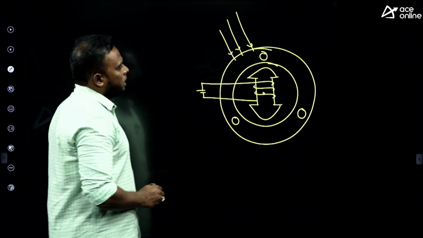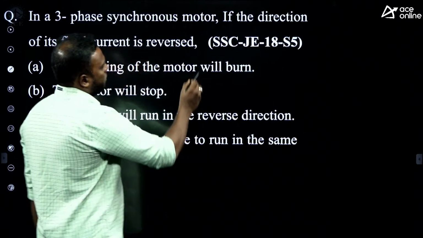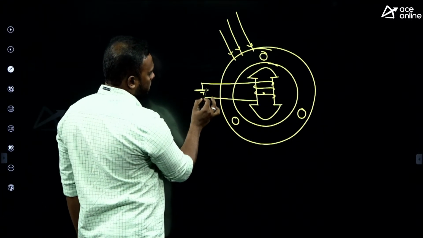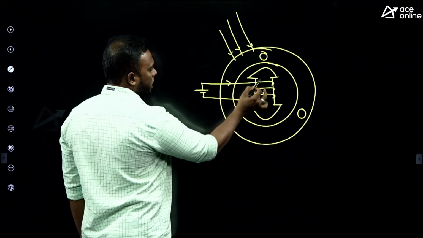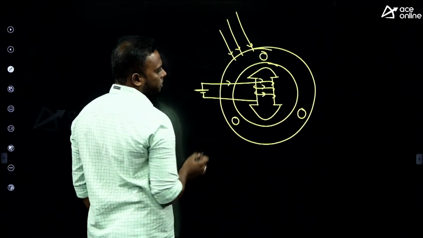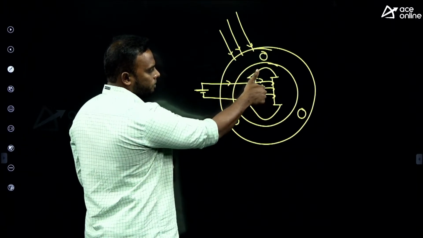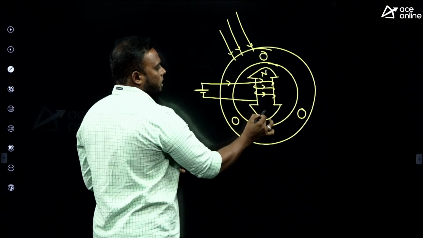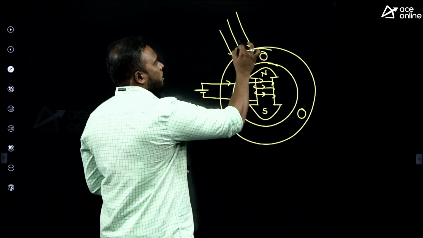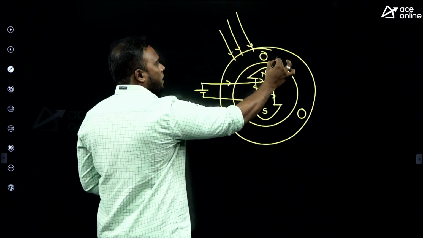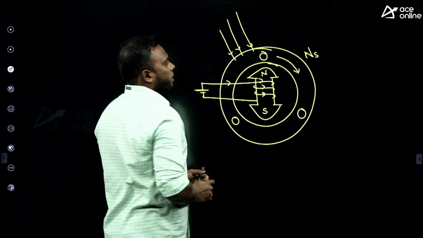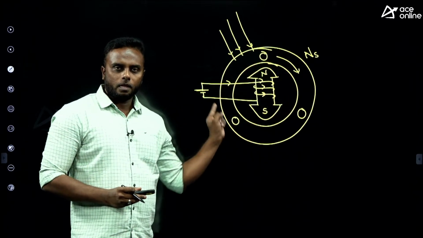Now the direction of field current is reversed. How to reverse? See here, when it is plus and minus, field current will flow like this. By applying the right hand thumb rule, flux is in the upward direction, so here we have the north pole, here we have the south pole. Assume that with the given three-phase supply, the RMF is rotating clockwise at synchronous speed, meaning stator poles are rotating clockwise at synchronous speed.